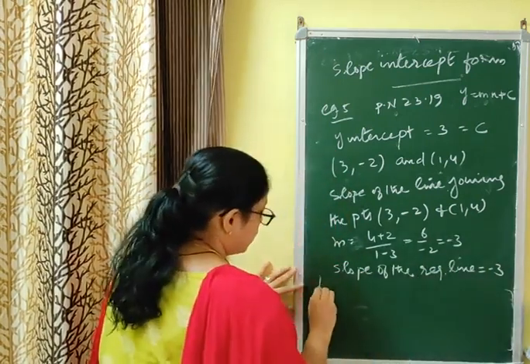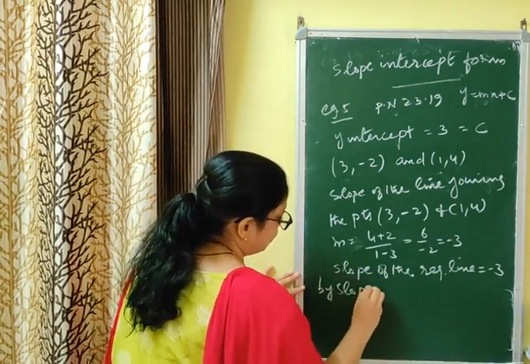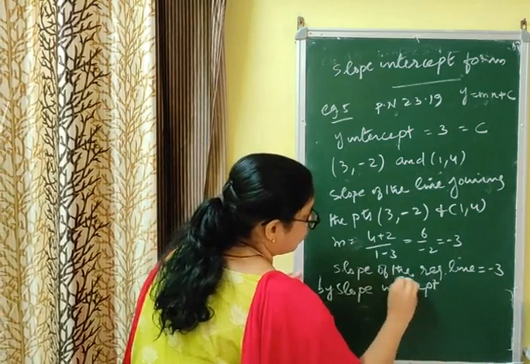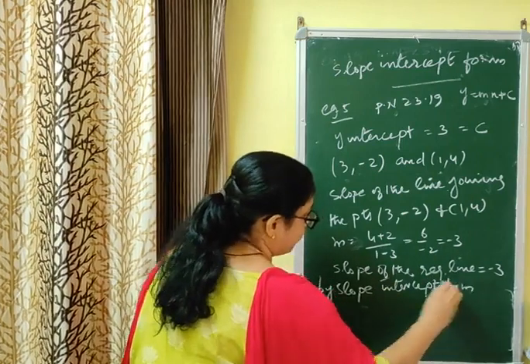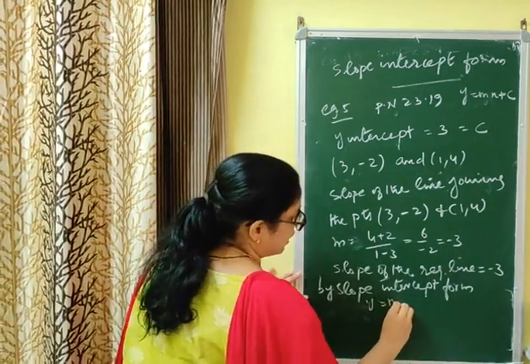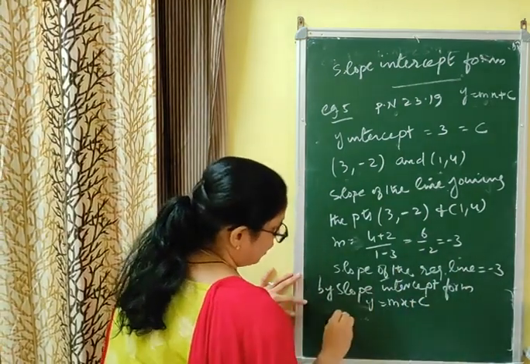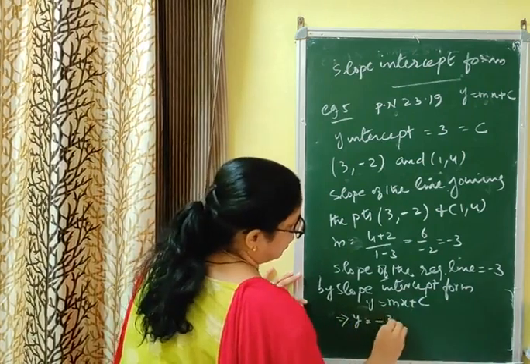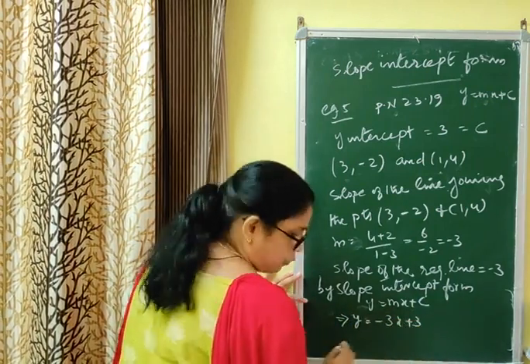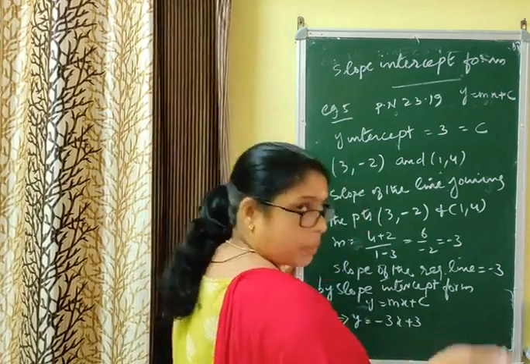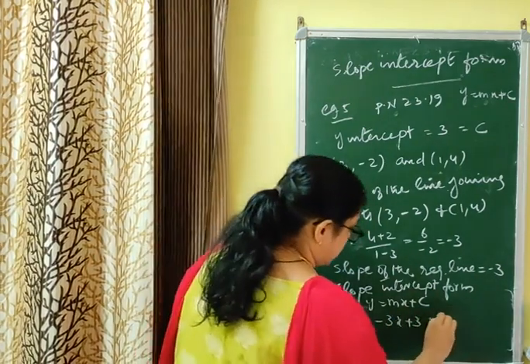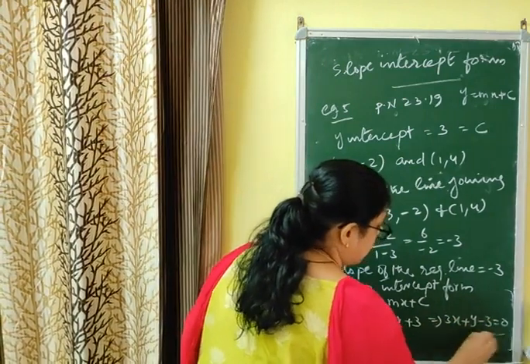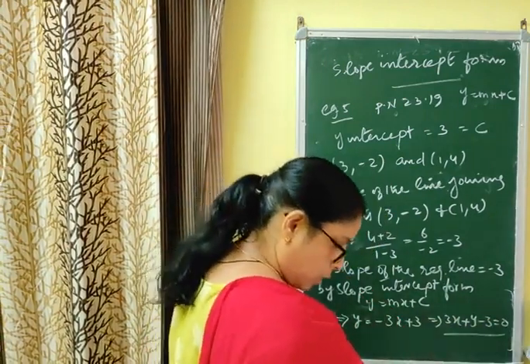Now by slope intercept form, ये फॉर्म कौन सा आप यूज कर रहे हो इसको लिखना जरूरी है. By slope intercept form y equal to mx plus c, you will get y is equal to m is -3, x plus c is 3. If you want to form in standard form, ax plus by plus c equals 0, you get 3x plus y minus 3 equal to 0. This is the answer of equation of the required line.